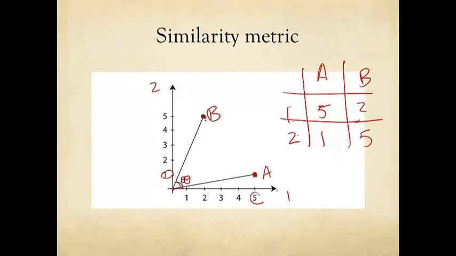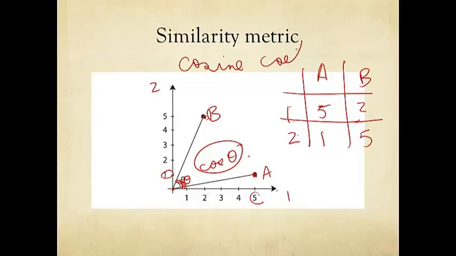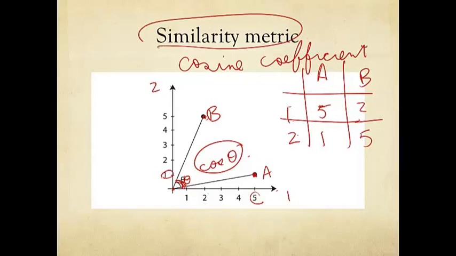If these two coordinates are far apart, one quantification of that is the angle theta here. If we measure the cosine of that angle, that is a particular number, and we use that number to describe how similar or dissimilar movies A and B are. This is called the cosine coefficient. It is a particular instance of the similarity metric that we'll be using here.